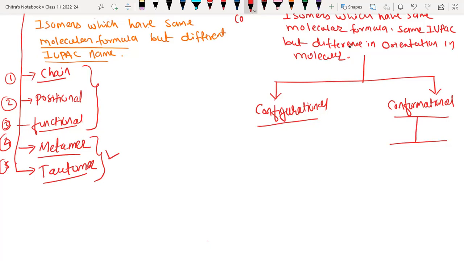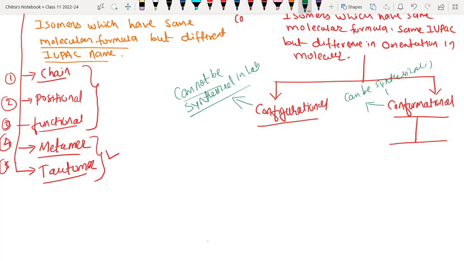Just do remember configurational and conformational isomers. Configurational isomers cannot be synthesized in the laboratory, but conformational isomers can be synthesized in the laboratory.